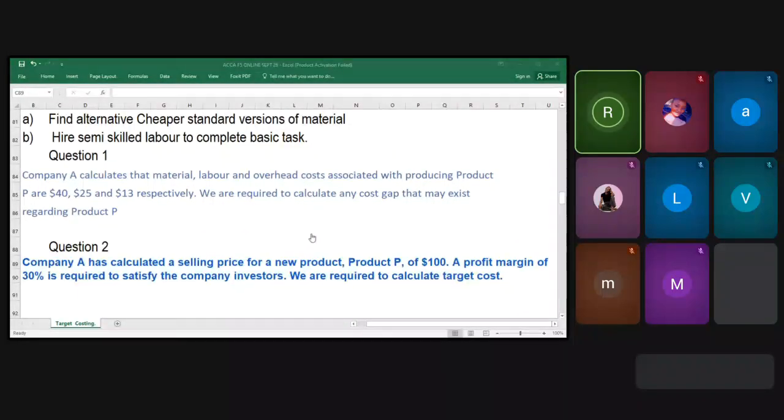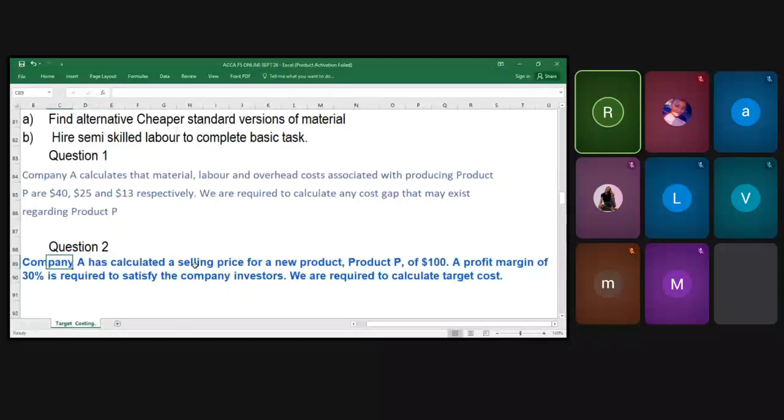All right, if we are different, it means that... 8, 10, 8. Thank you to those who have tried. I meant zero cost gap.